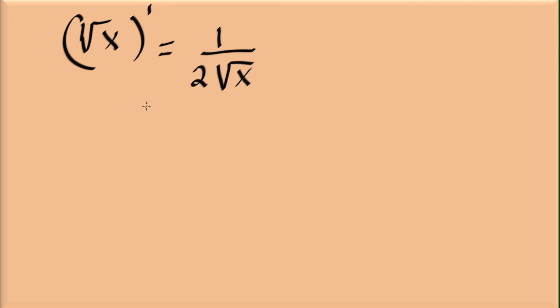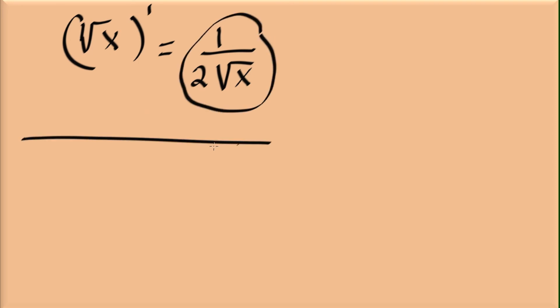The derivative of square root of x is always 1 over 2 square root of x. You can do it the long way, and you're still going to arrive at 1 over 2 square root of x.